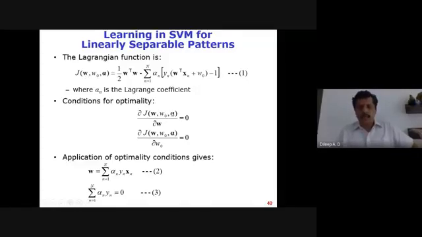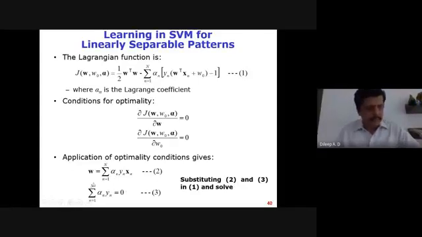When you perform this differentiation and equate it to 0, we get two optimality conditions. One is a closed form expression for W as the sum over all samples of the product of the data point, its corresponding class label, and its corresponding Lagrangian coefficient. Another constraint is this.